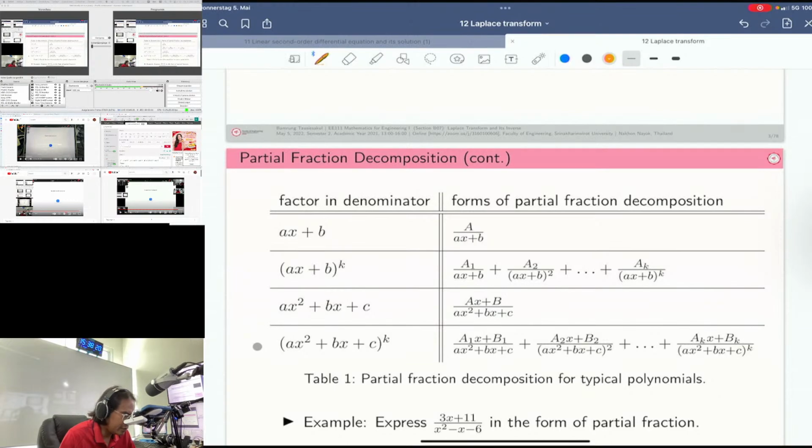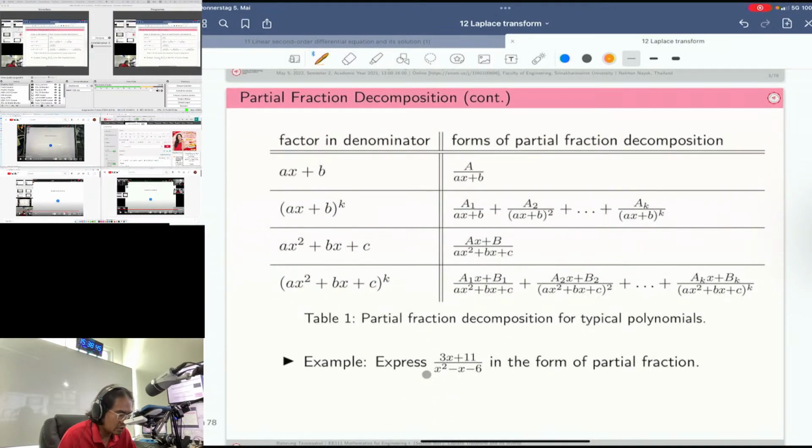And if you have at the denominator (ax squared plus bx plus c) to the power k, you should have terms like this: capital A1 x plus capital B1 divided by the term here, plus capital A2 x plus B2 over the term squared, and so on until the term k.